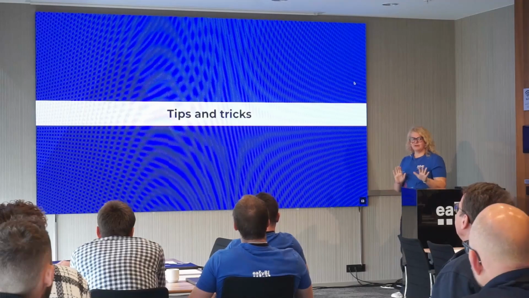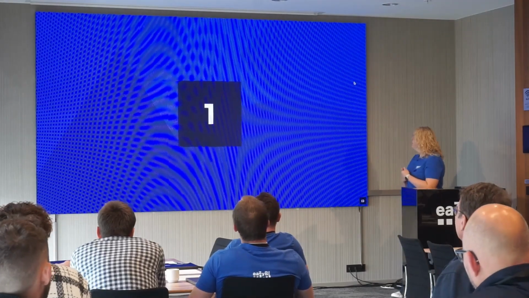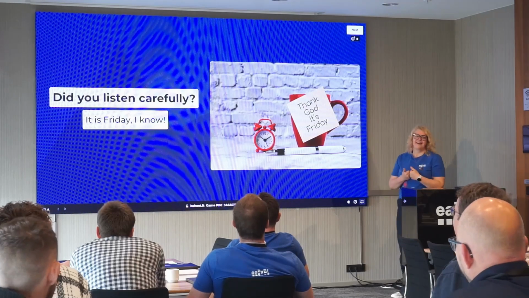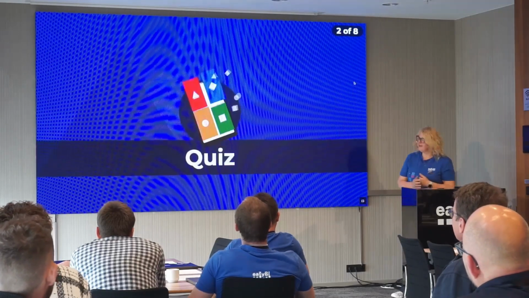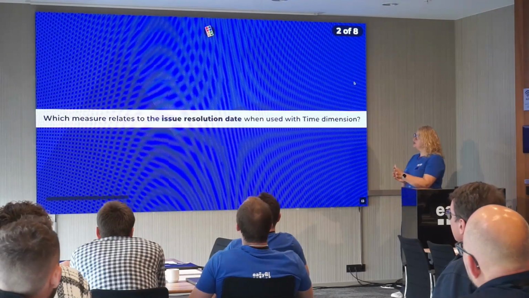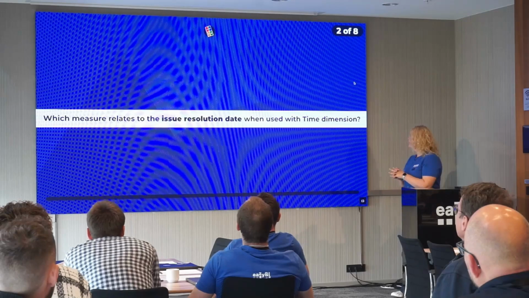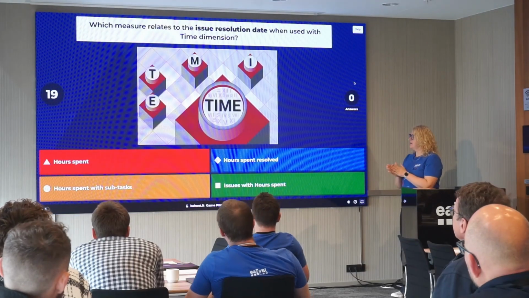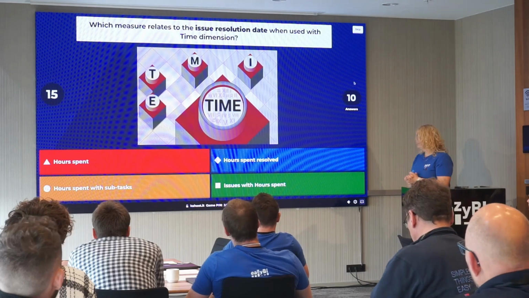So it's about tips and tricks, or in our language, trips and ticks. The first question: which measure relates to the issue's resolution date when used with time dimension? Hours spent with subtasks, hours spent resolved, issues with hours spent.